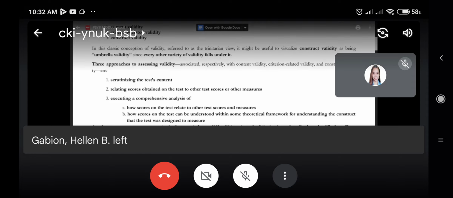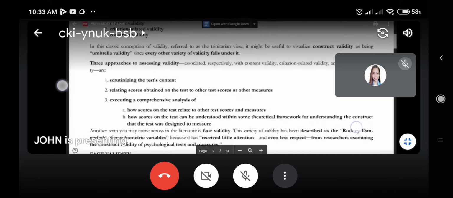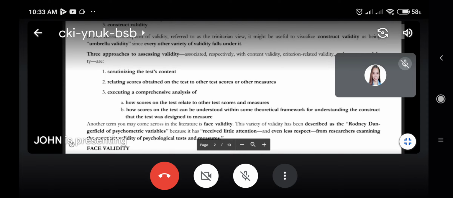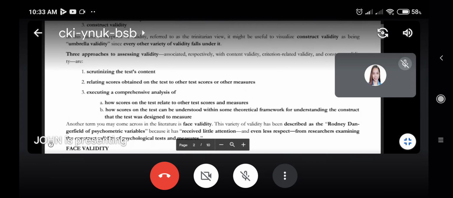Nasaan doon ang theory? Hindi siya nagre-reflect dun sa questionnaire mismo. Paano mo nasabi na Maslow's hierarchy of needs ang theoretical framework mo, eh doon sa mga naging tanong mo or in the data gathering, walang Maslow's hierarchy of needs.